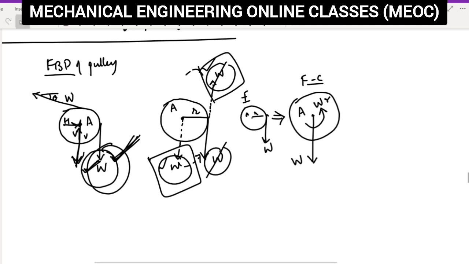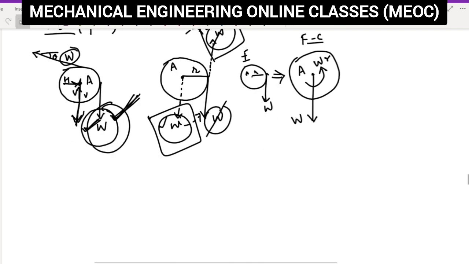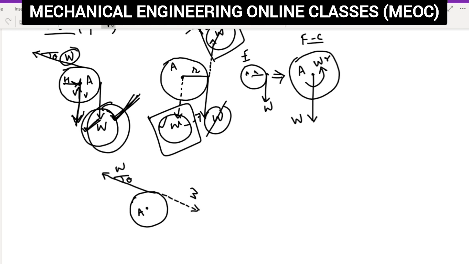Now let us deal with this inclined W. So let us do that also. This is the pulley, this is point A, and there is W acting here at theta. Now along the same line of action of this W, I'll add one W, and here I will add another W which is at theta only.